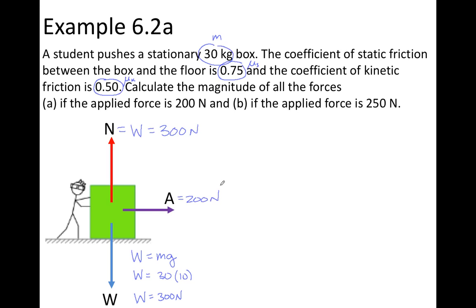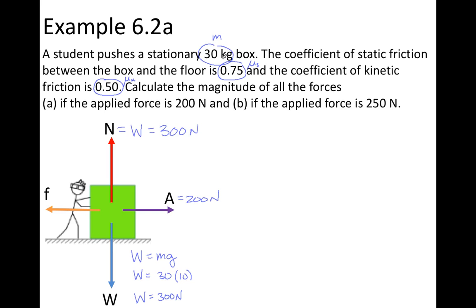And if the box is going to remain stationary, if the maximum value of static friction is not exceeded, then there's going to be a backward static friction force. So the first step is we want to figure out what that static friction force would be if it were static friction.